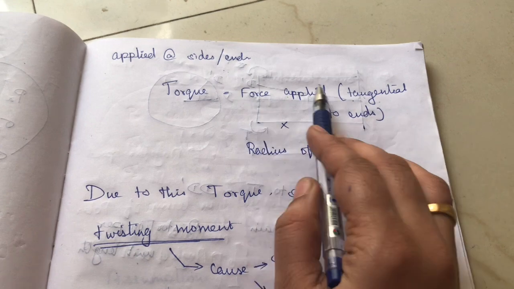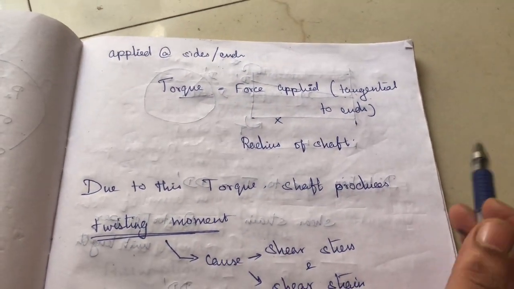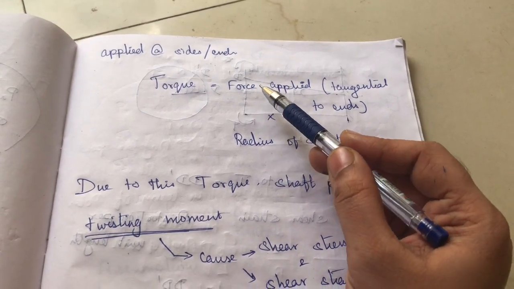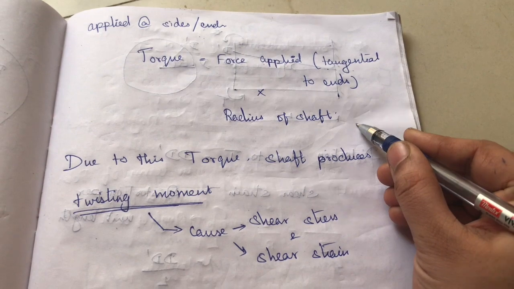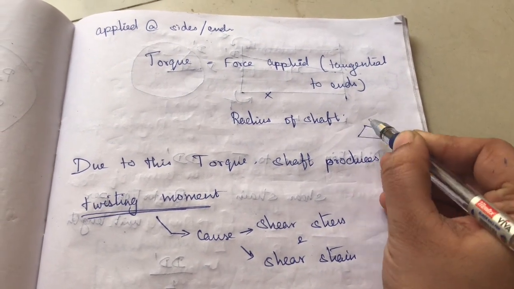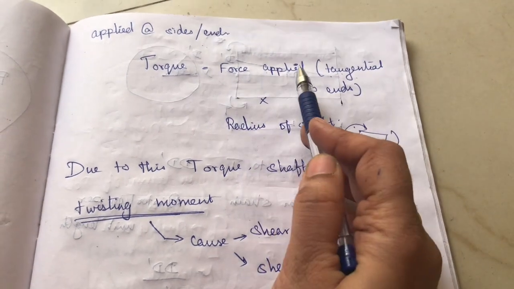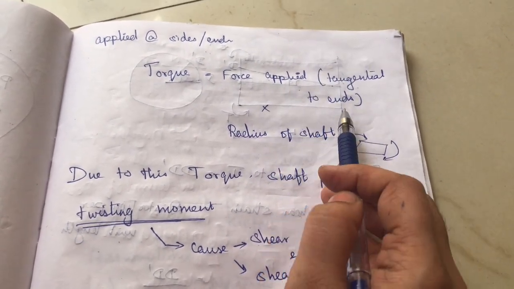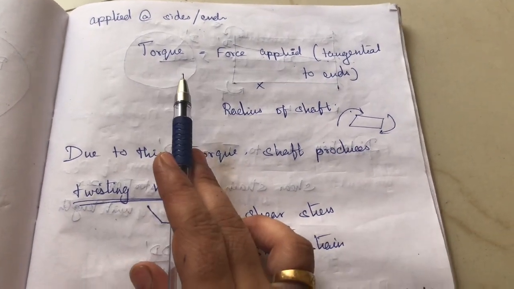Torque means force applied times the radius of the shaft. And the main thing is the force should be tangential to the sides. Like this, the twisting moments are acting on the shaft. This torque is nothing but the force applied tangential to the ends times the radius of the shaft. So this is the torque.